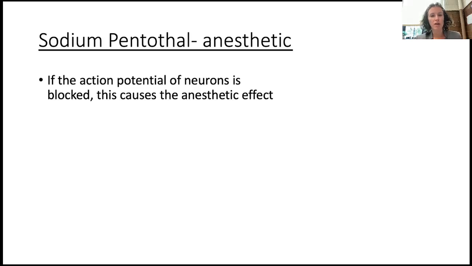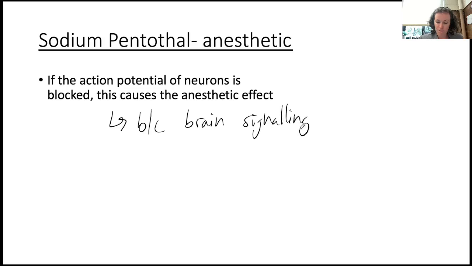And you can imagine that the action potential of neurons, if it's blocked, it should cause the anesthetic effect, because brain signaling is effectively blocked or decreased. So that is how sodium pentothal works as an anesthetic.